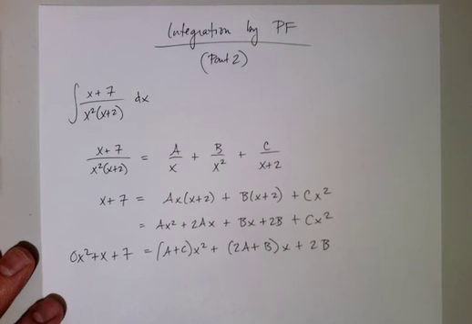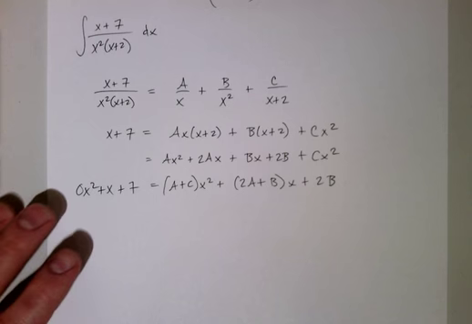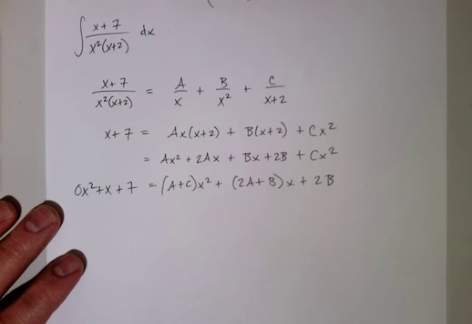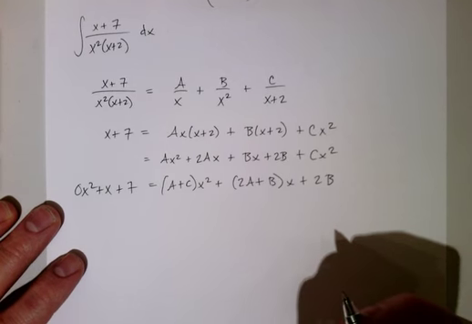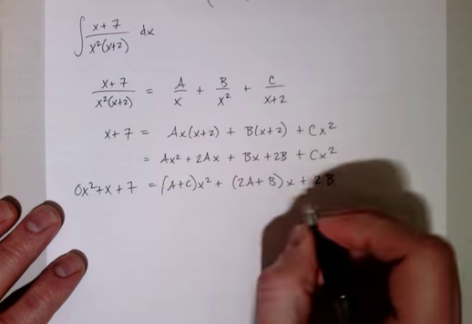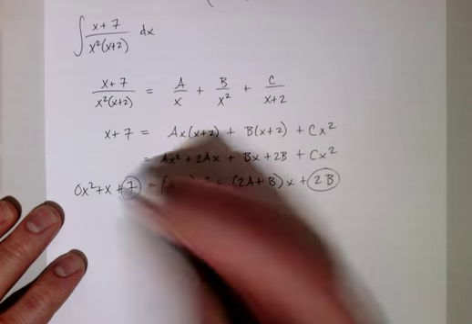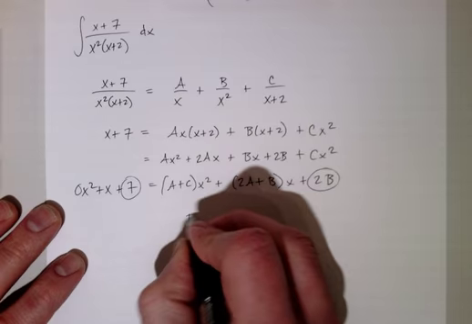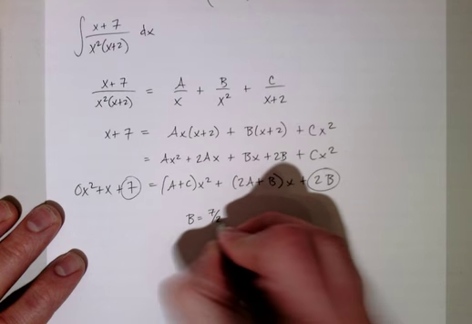Now we can use the Heaviside method by using x is equal to 0, but notice that I already have b because there's only one linear, and b is equal to 7 halves.